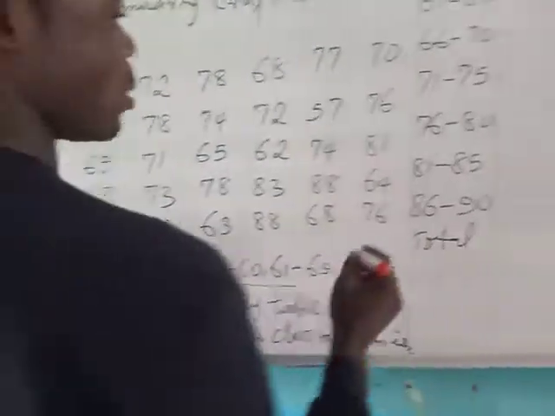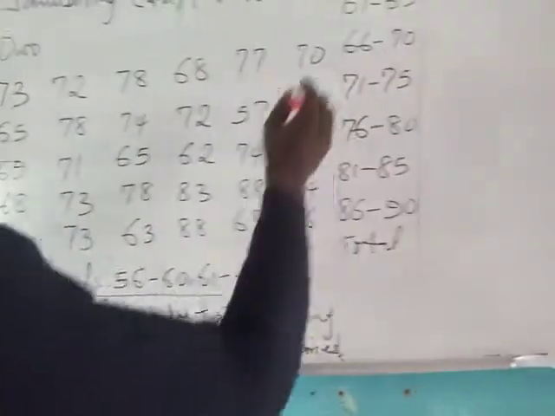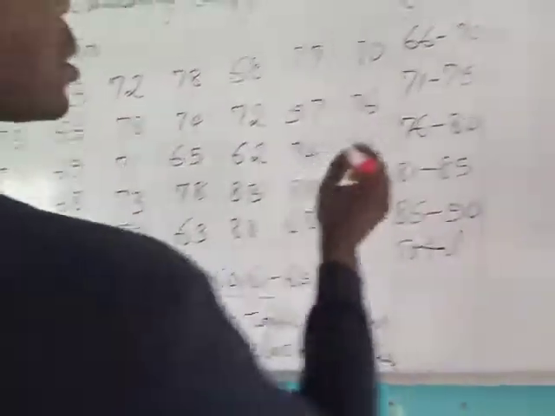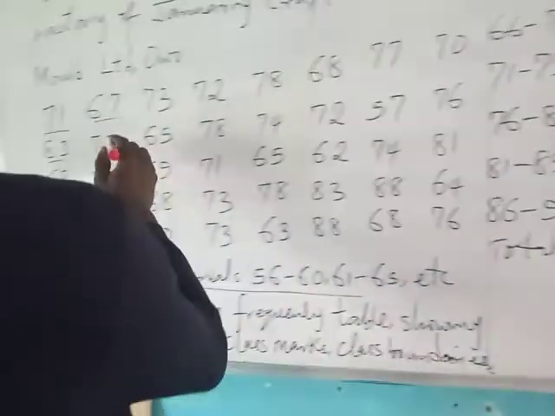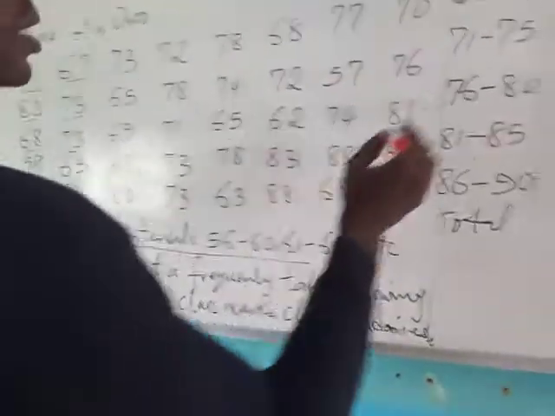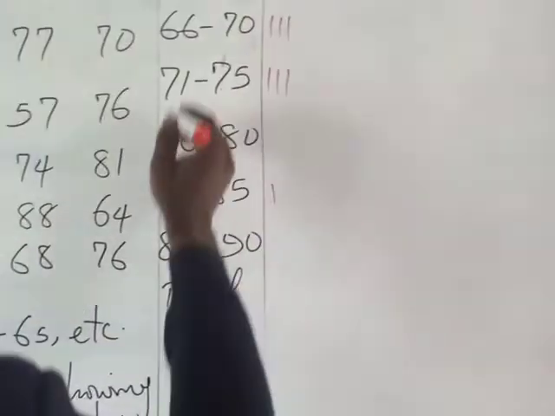We have 68 here, and 67 is also here. We have 73 here, 73 again, and a 65 will be here.